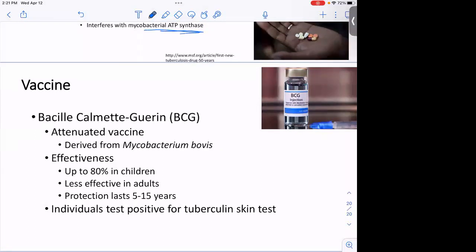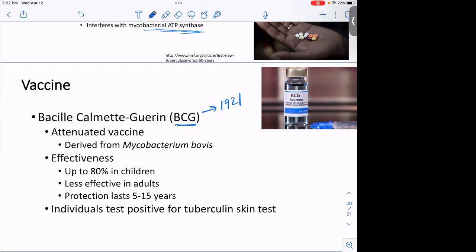The vaccine is called the BCG vaccine, which stands for the two Frenchmen that first made it, Calmette and Guerin, and they called it Bacillus, or in French, Bacille Calmette Guerin. They came out with this vaccine in 1921, and it has been changed very little since then.